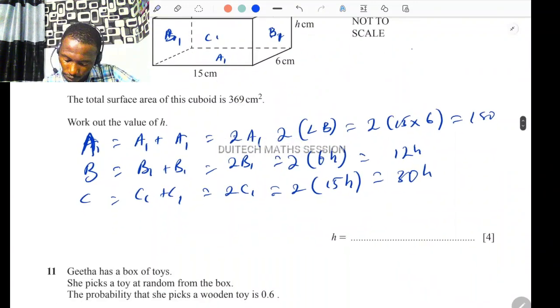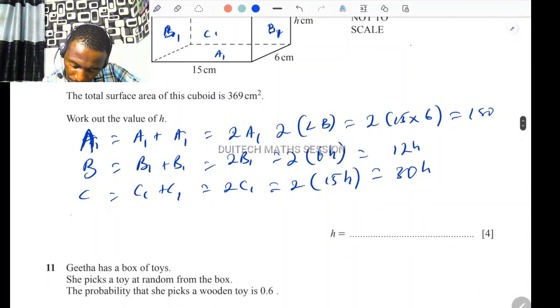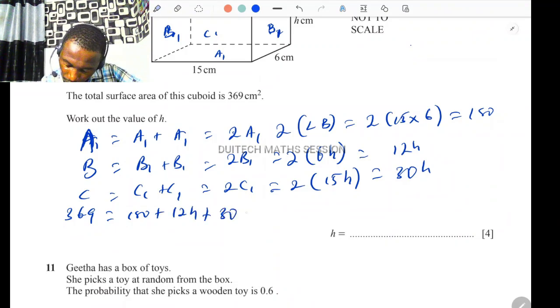So with this now, our surface area, which is 369, is equal to 180 plus 12H plus 30H.